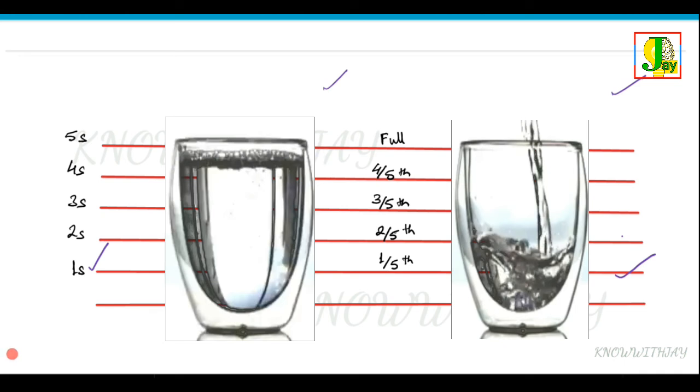So if it takes 5 seconds to fill the whole glass, then the part of the glass filled in 1 second will be 1/5, in 2 seconds it's 2/5, in 3 seconds it's 3/5, and so on. So in 1 second the part of the glass that is filled is 1/5 of the glass.